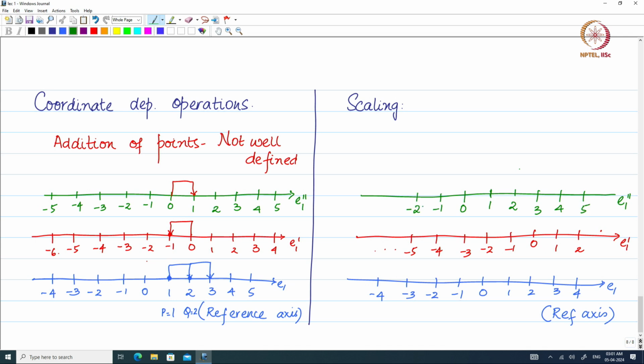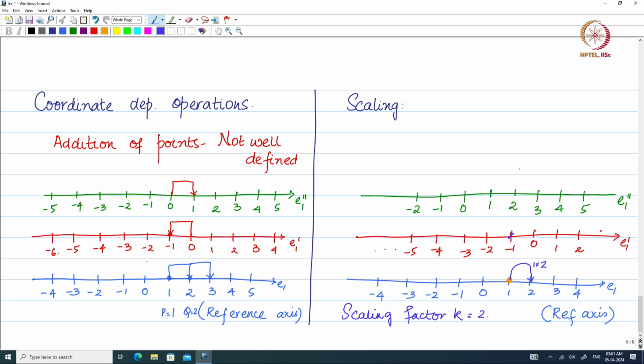Now what are we trying to do? Let us say I will take this point 1, which is here. Let me take this point 1 and multiply it by 2. If I multiply it by 2, I go here, 1 into 2, the scaling factor that I use is 2 here. So k, scaling factor k is equal to 2. This 1 was corresponding to minus 1 in this coordinate system.